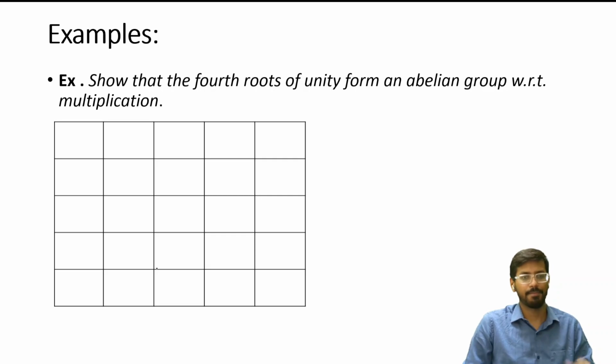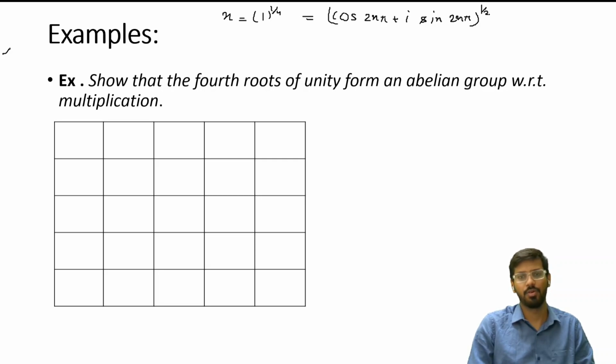Now the next example: show that the fourth roots of unity form an abelian group with respect to multiplication. So first we will find all four roots of unity. Suppose x is equal to 1 raised to power 1 by 4. We can write that as cos 2 n pi plus iota sin 2 n pi, raised to power 1 by 4.